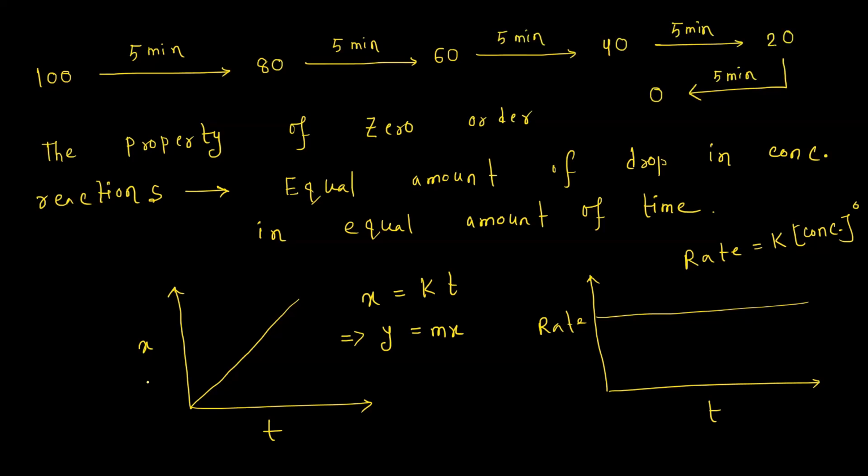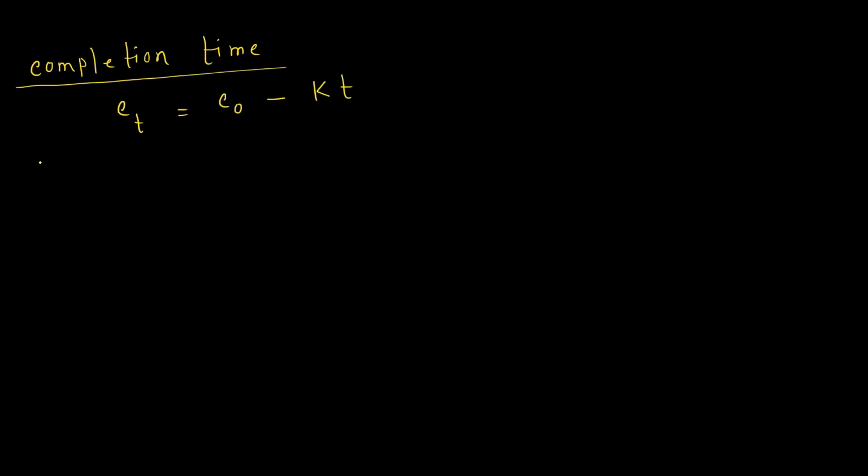Now we will find completion time and half life for a zero order reaction. We know Ct is equal to C naught minus rate constant K multiplied by t.